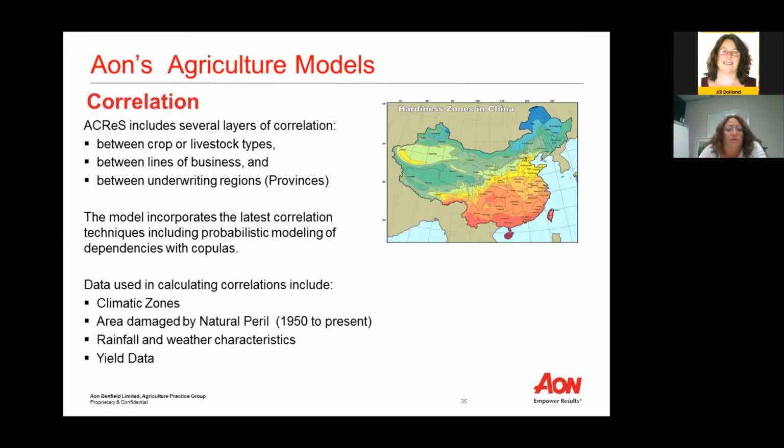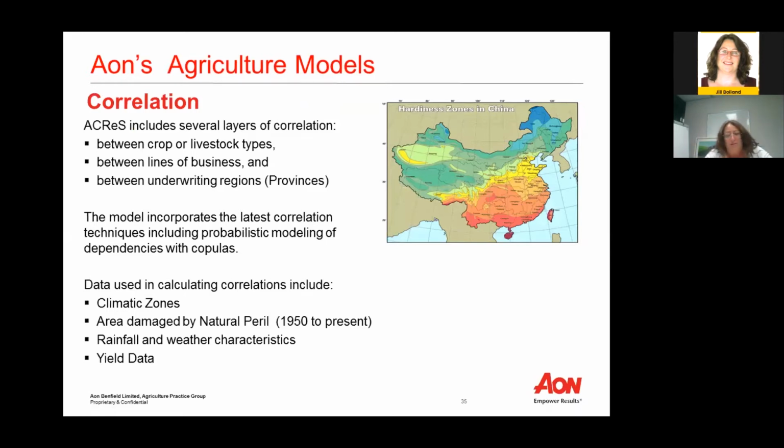We also expect regions within the same climatic zone to be correlated. So we try and build that correlation into our model. When we simulate our yields, we're not just simulating one yield, we're simulating a distribution of correlated yields.